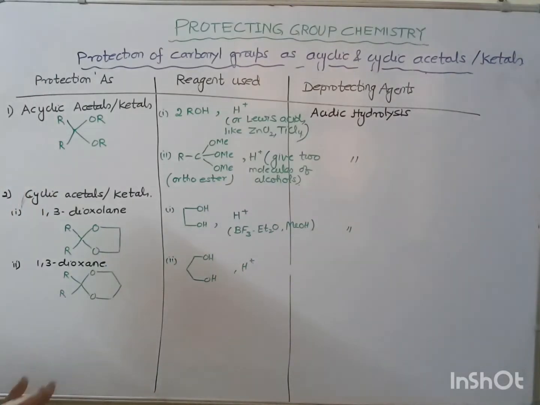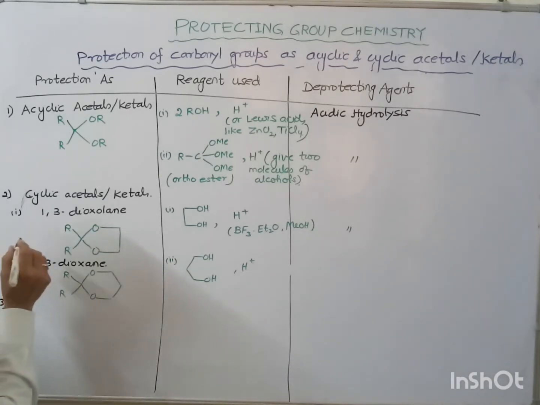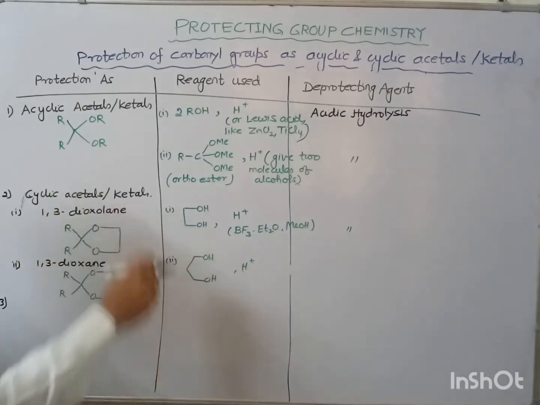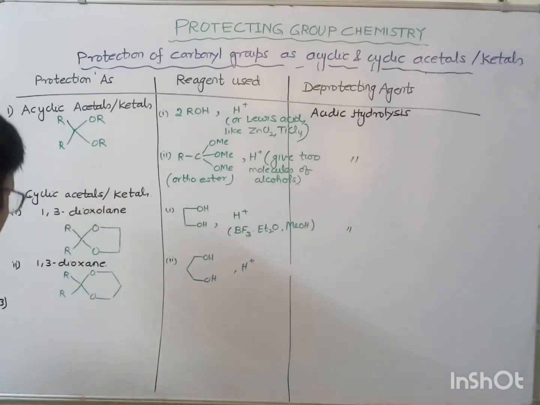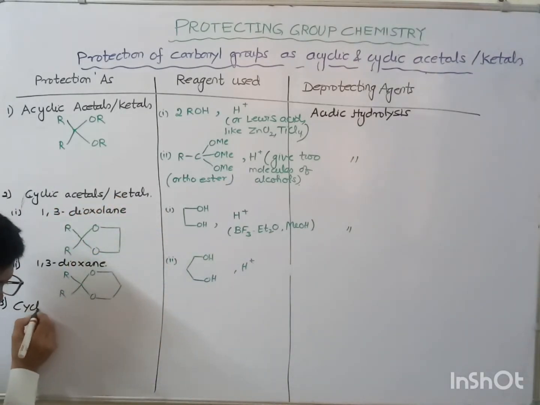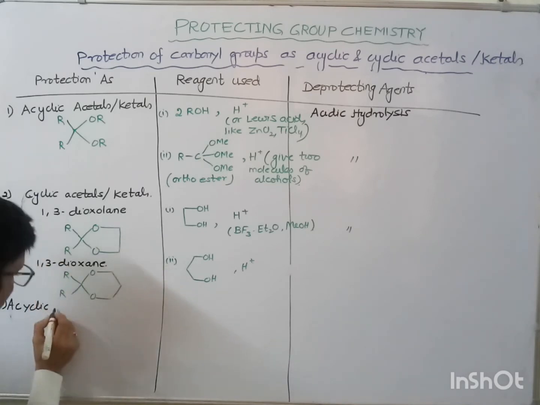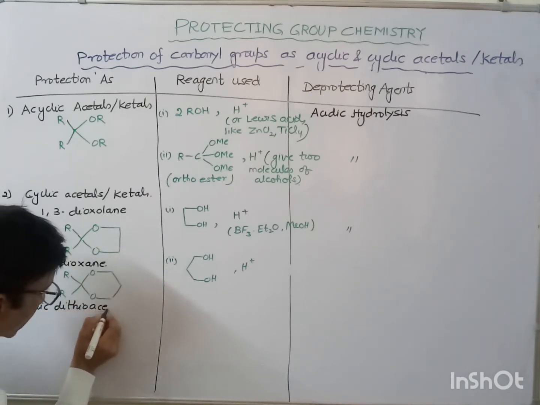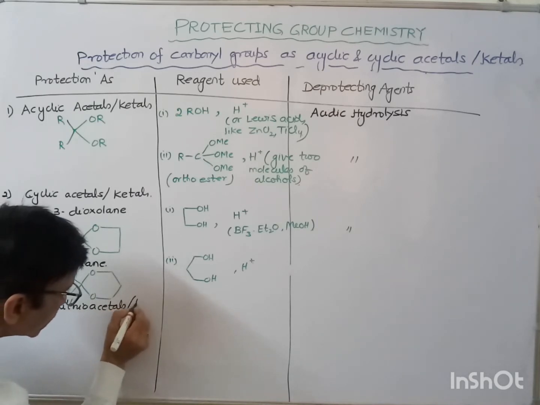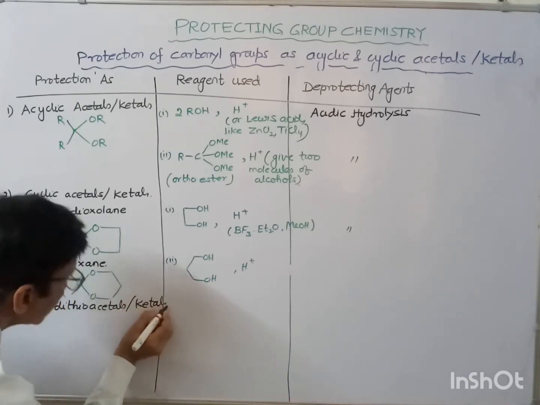Now next one, the third one, we can convert it into cyclic or acyclic dithioacetals, ketals. First, let's see the acyclic dithioacetals, ketals.